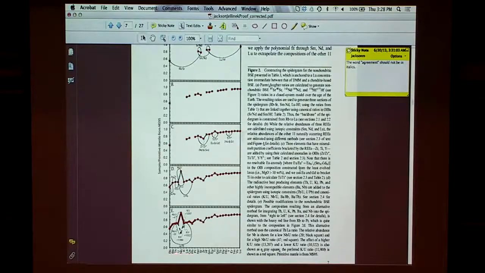Lutetium is incompatible, but not as incompatible. And then on the y-axis, we normalize the concentration in our sample, which is the red line. We divide that concentration by the concentration in some primitive mantle composition that Bill came up with.